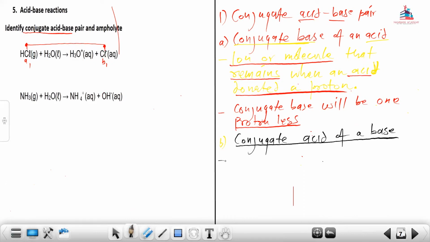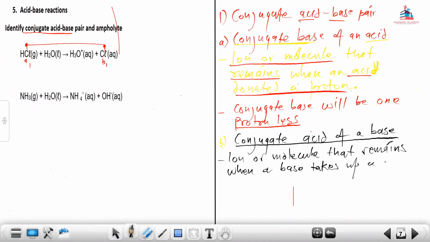What must happen in this one? It must be an ion or a molecule that remains when a base takes up a proton.